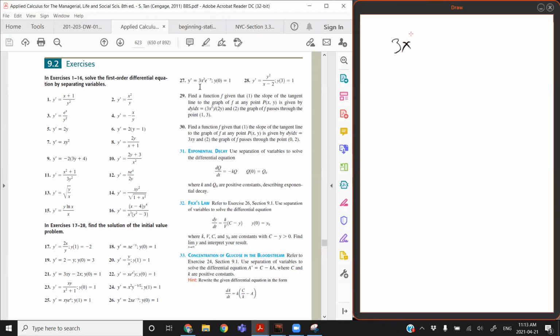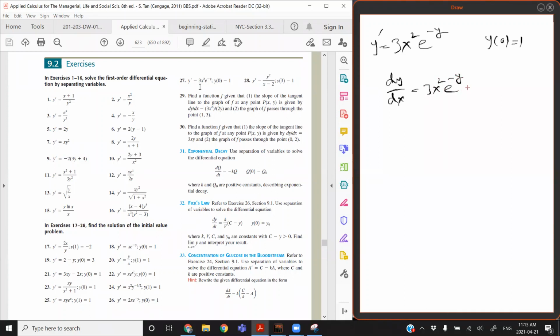We have 3x squared e to the power of minus y. That is our y prime. And we have y(0) is equal to 1. Okay, so that means dy over dx is equal to 3x squared e to the power of minus y.